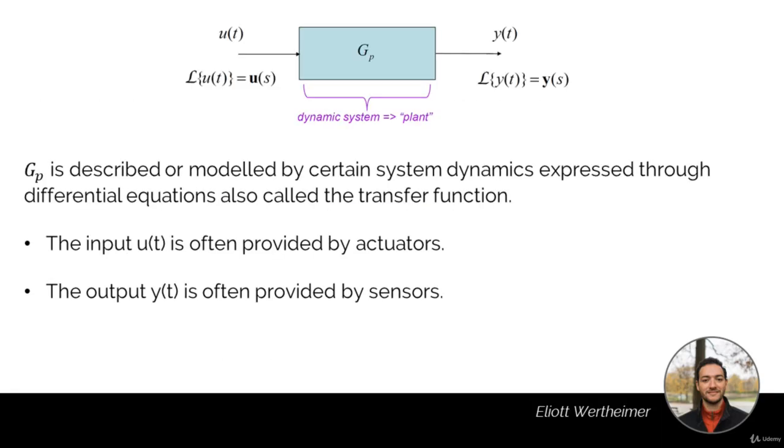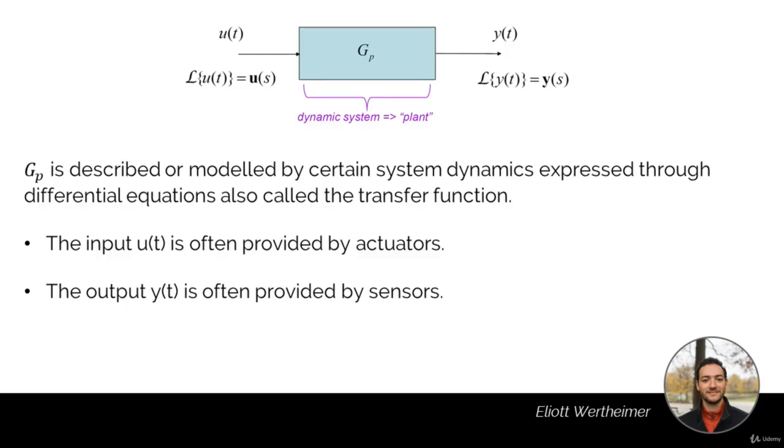So here we have our dynamic system or plant represented by the transfer function Gp, its input u(t), and its output y(t). Gp is described or modeled by certain system dynamics expressed through differential equations, also called the transfer function. So we have seen all this. Well, in the real world, the input u(t) is often provided by actuators.